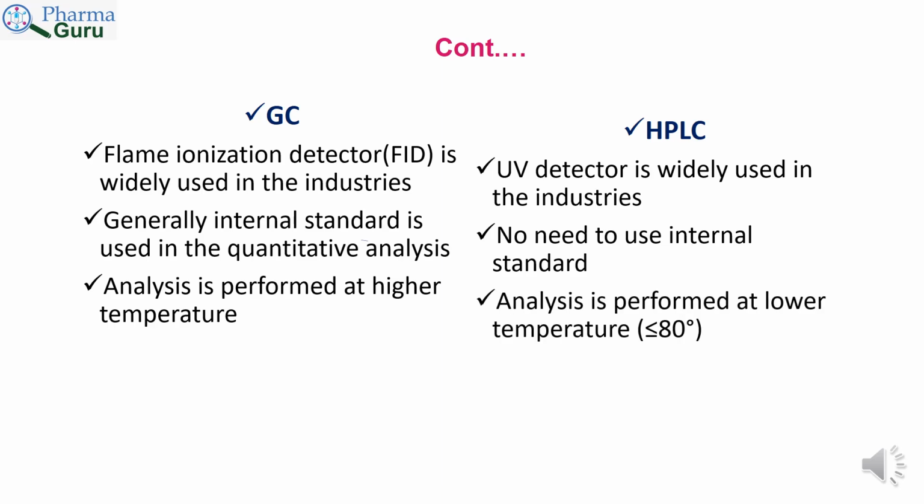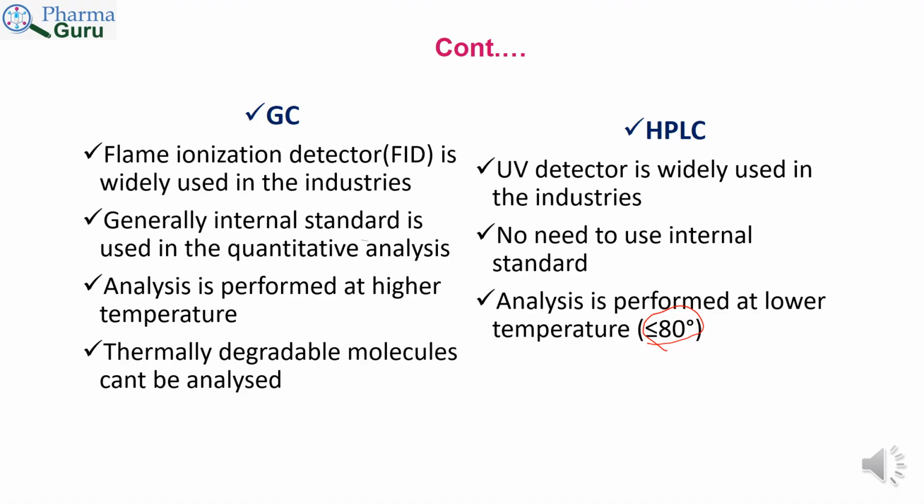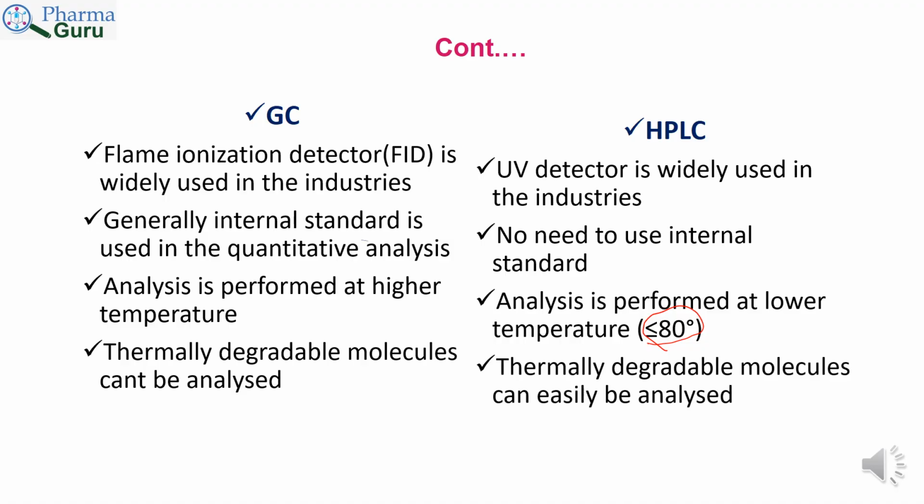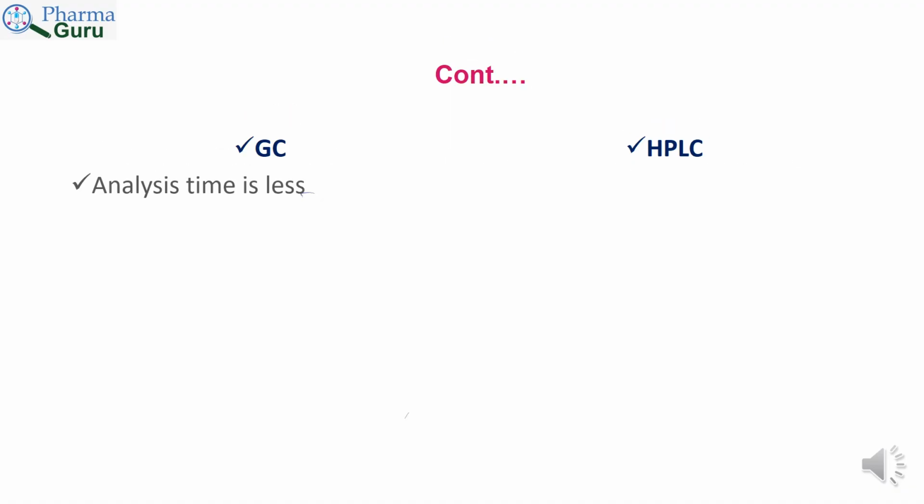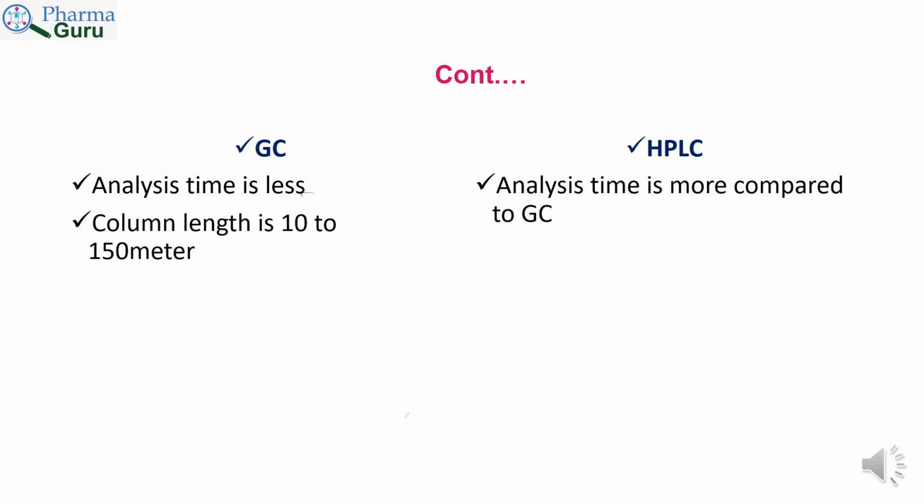The maximum temperature can be used in HPLC is less than or equal to 80 degree C. Thermally degradable molecules cannot be analyzed on GC, whereas same can be analyzed on HPLC. In GC, analysis time is less compared to HPLC. In GC, analysis cost is less than HPLC.